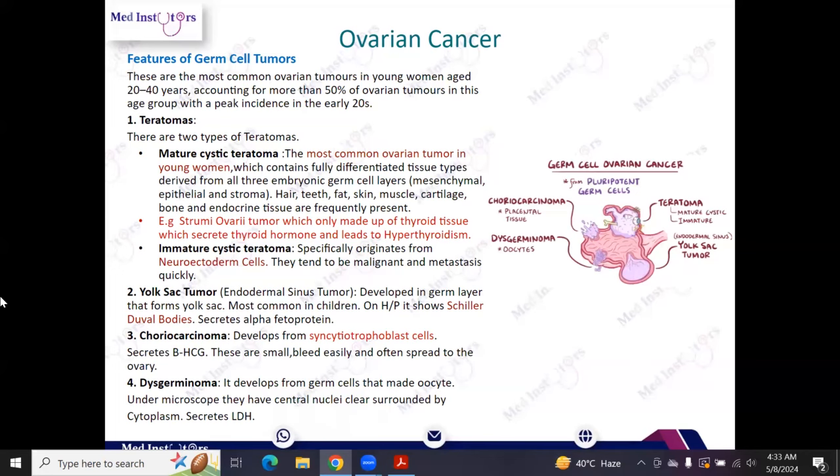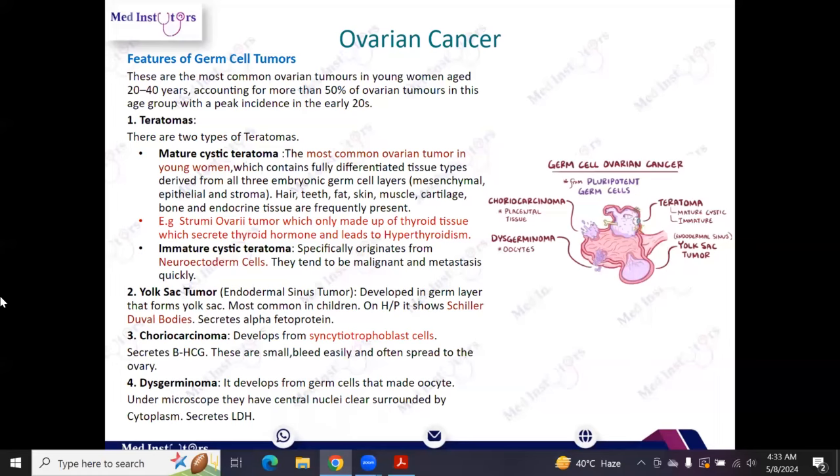We have questions on choriocarcinoma, and we have questions on dysgerminoma. So there are 5 questions covering this topic, or this slide, you can say. And for now, I think we have covered 7 to 8 SPs. So now you can imagine how important this topic is for the exam.